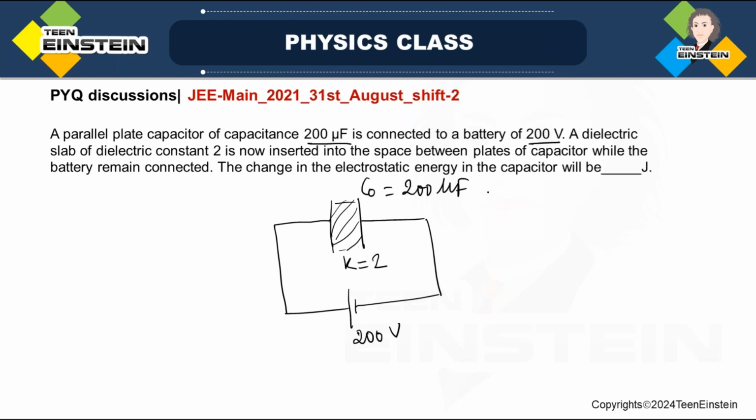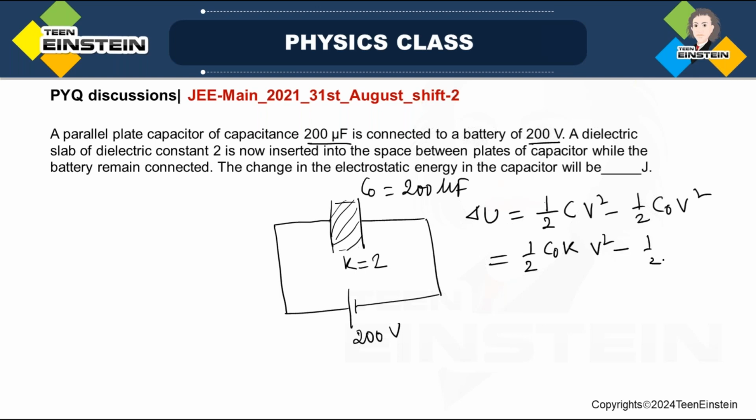Change in the electrostatic energy, I have to find out. So I know this will be half C V square minus half C0 V square. So what is C? C is actually C0 into K, V square minus half C0 V square.